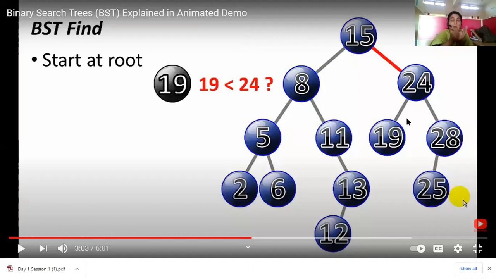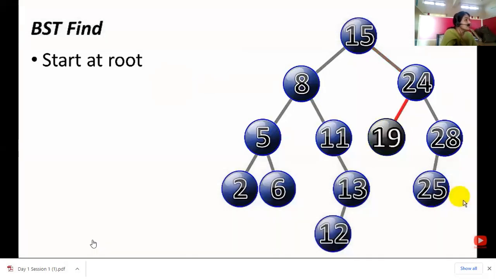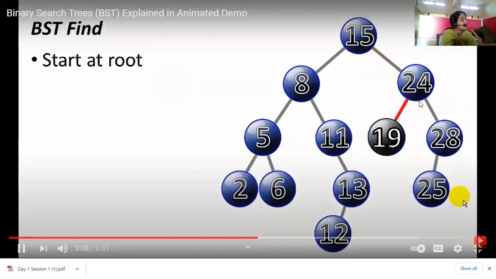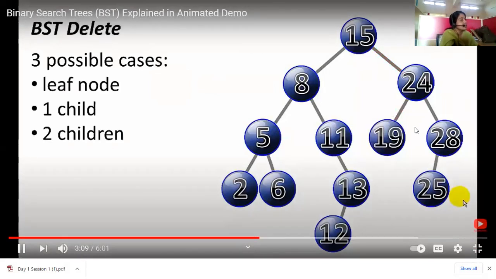I need to search only the right half if that element is greater than the root element. If it is less than, I need to move through the left side only. Okay. So 19, we are searching here and it was there at this position.